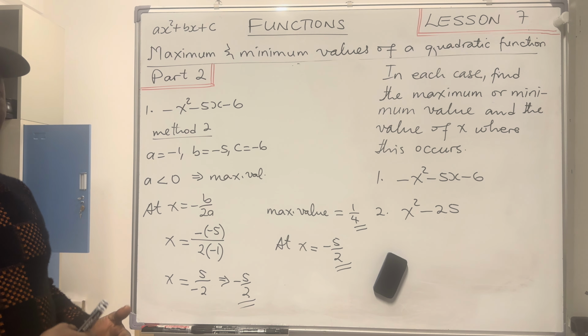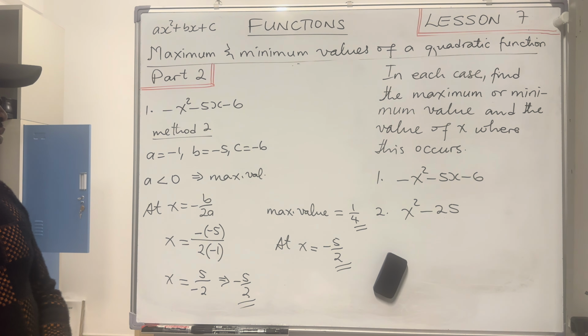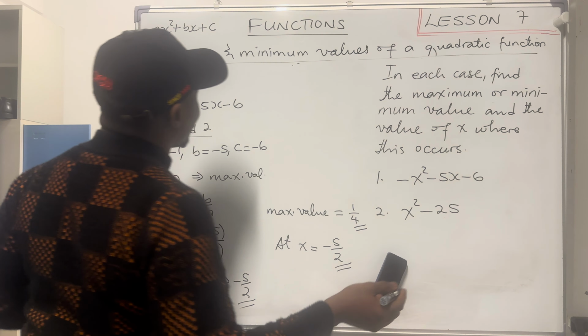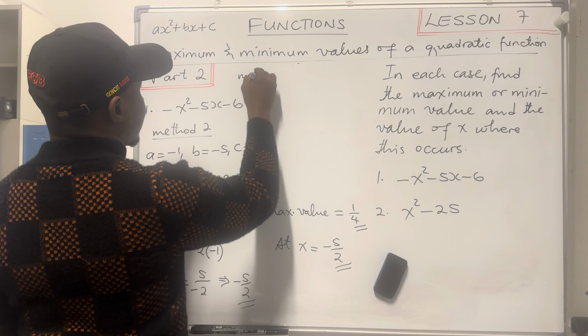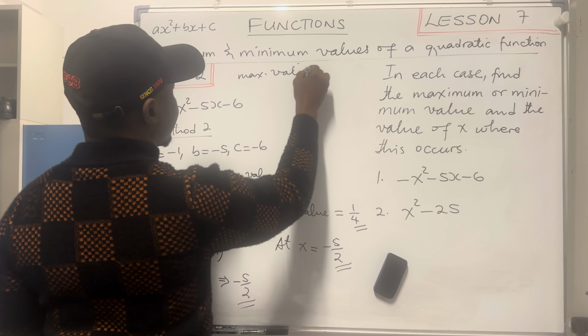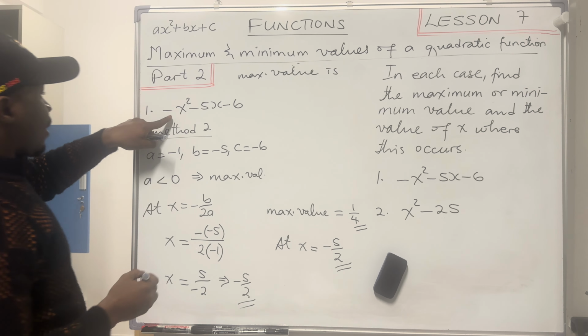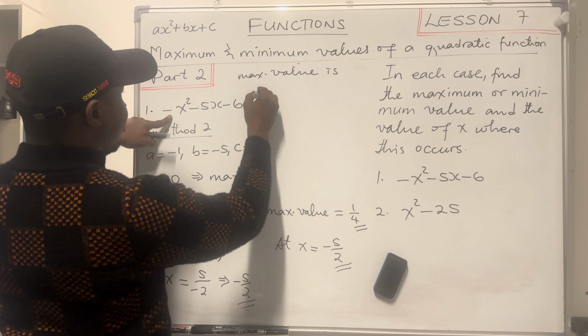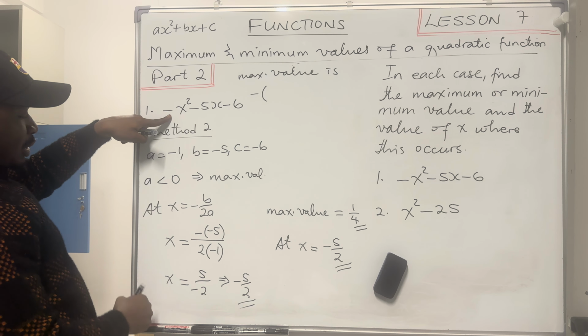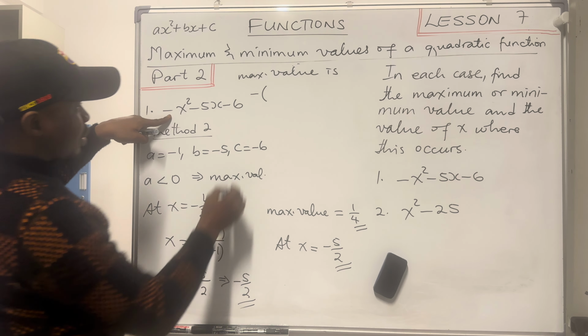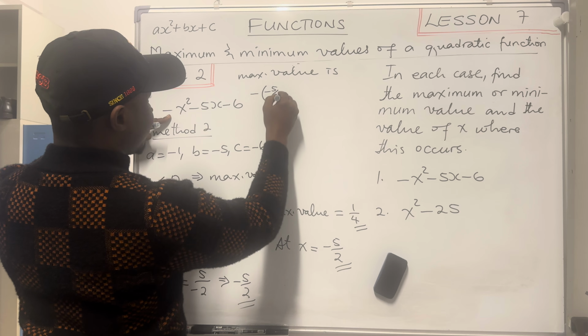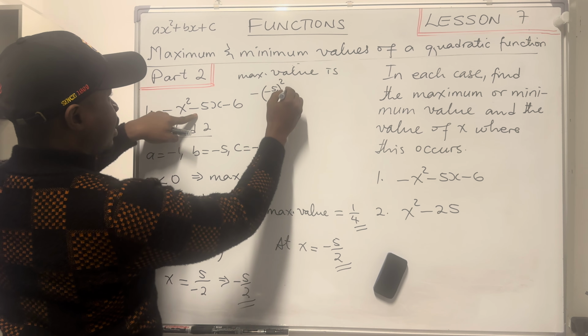Now it is time for us to find the actual maximum value. So we say the maximum value is, now we go to the function, minus x squared minus 5x minus 6. What is x? x is minus 5 over 2. But there is a square.